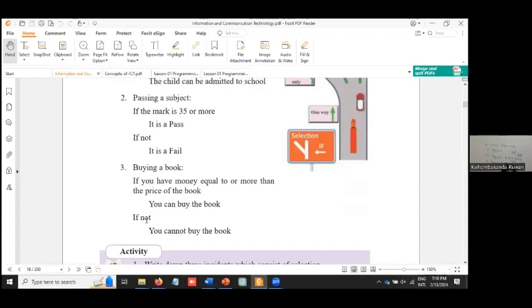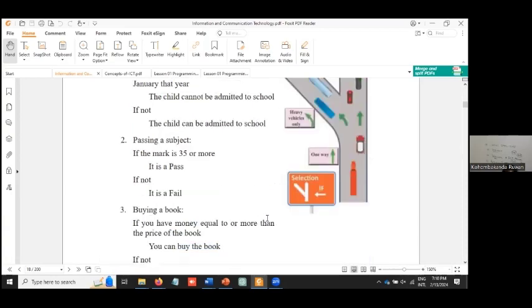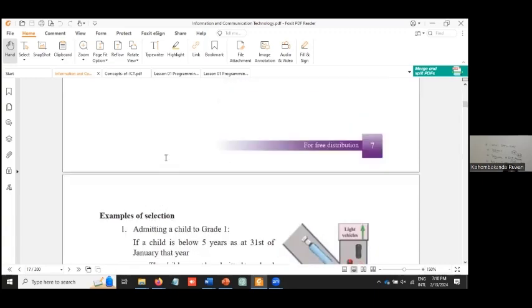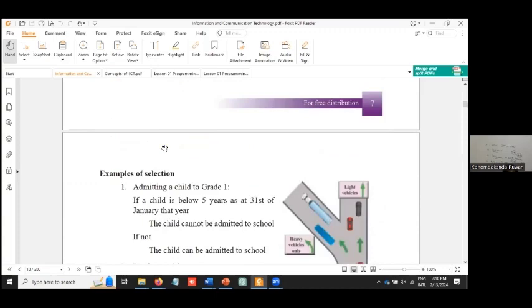If not, you cannot buy the book. There are two conditions here. Satisfied and not satisfied, either true or false. Based on that, you have to make a decision in the selection. That is a characteristic of selection.